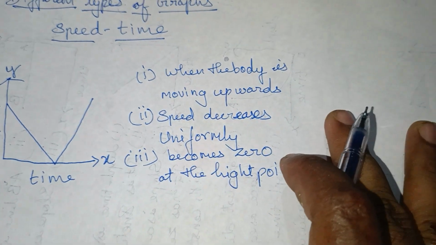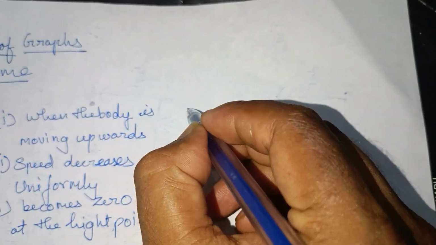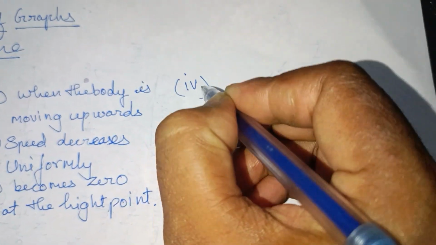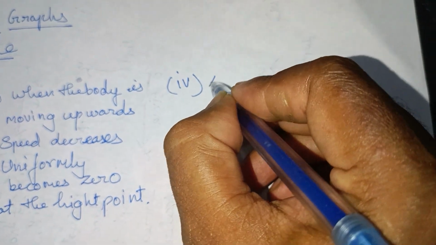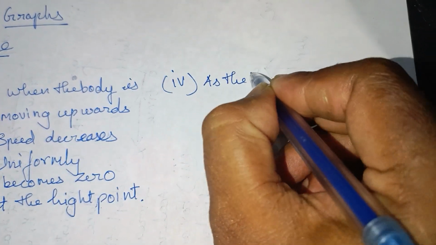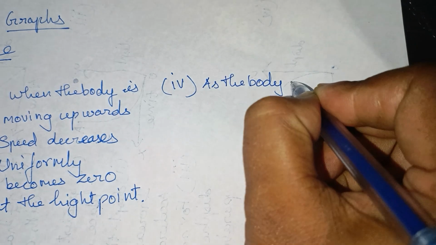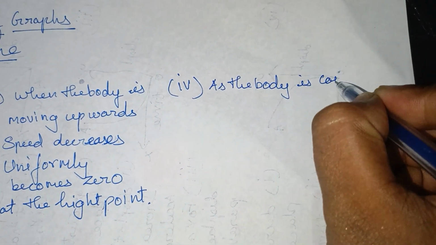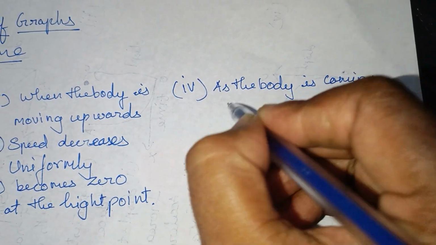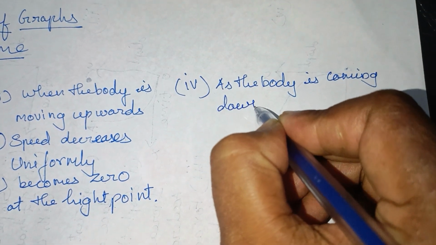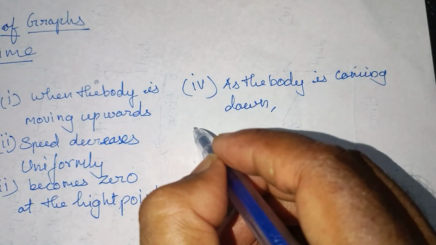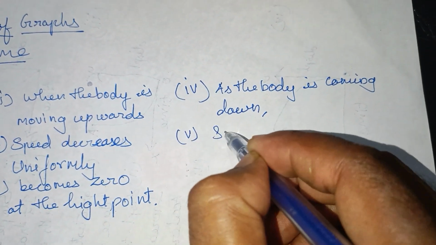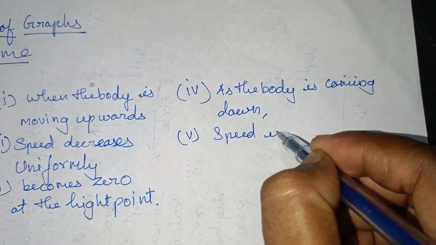The fourth point is about when the body is coming down. As the body is coming down, its speed increases uniformly.